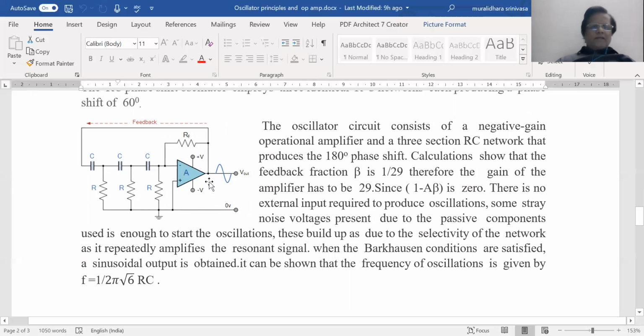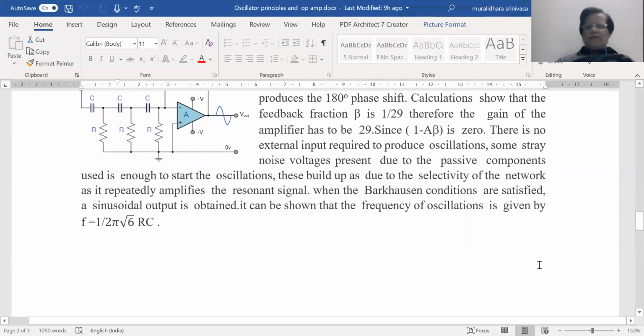Repeatedly, when these get amplified and fed back, the frequency that is selected by this network will get repeatedly amplified, and ultimately when the gain becomes equal to 29, that frequency of oscillation starts to get stably reproduced. In other words, you have an oscillation of a frequency set by this network.